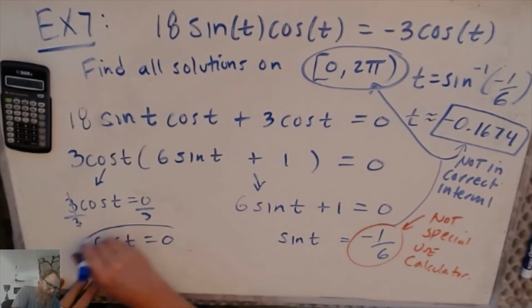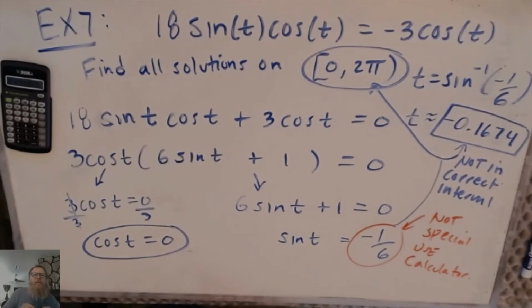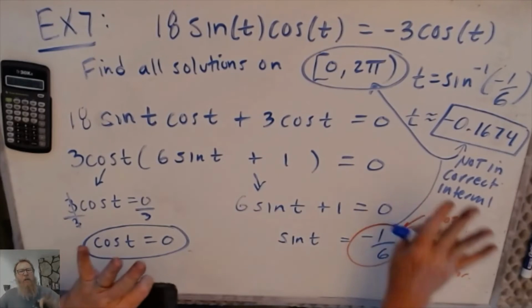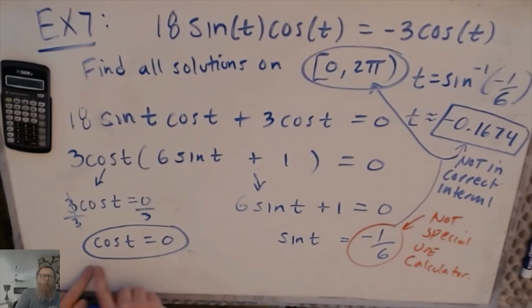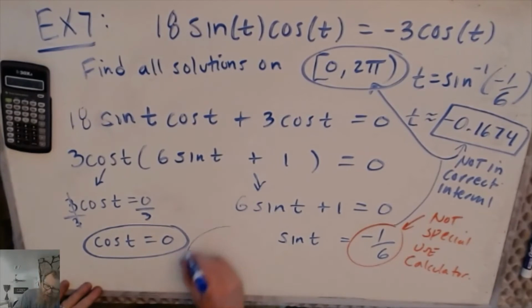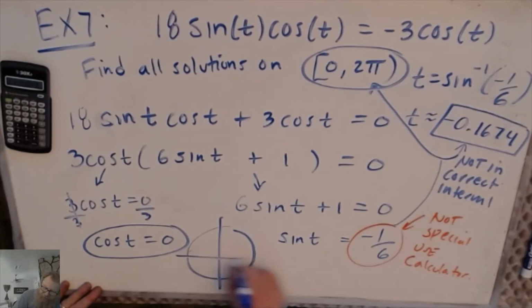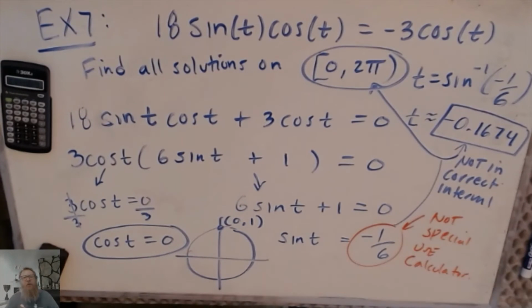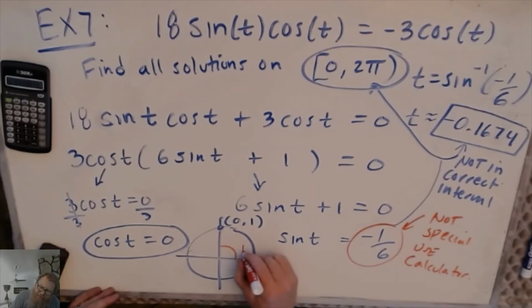You also need to solve this one as well. Cosine of t equals 0. Just really quickly, let's go ahead and solve that right now. What angle has a cosine of 0 on the unit circle? Remember, cosine is the x coordinate on the unit circle. So here's your t.